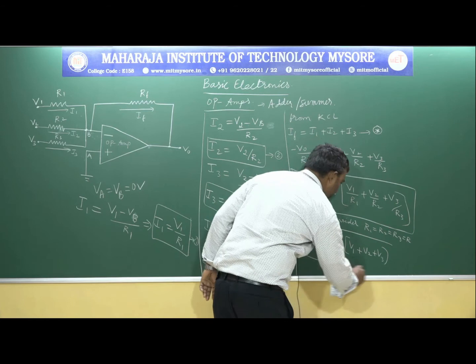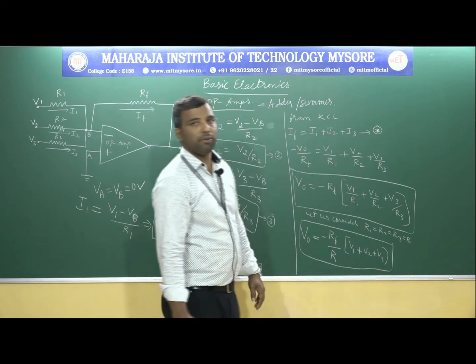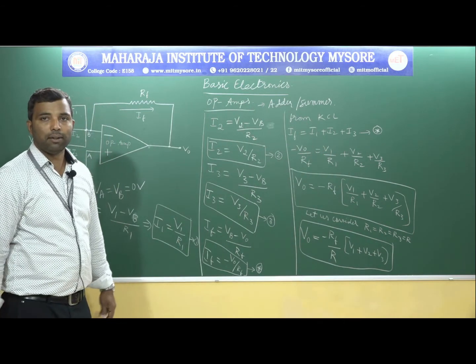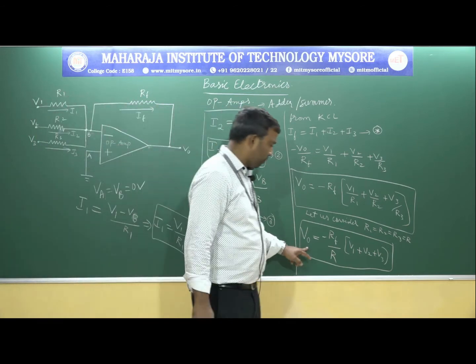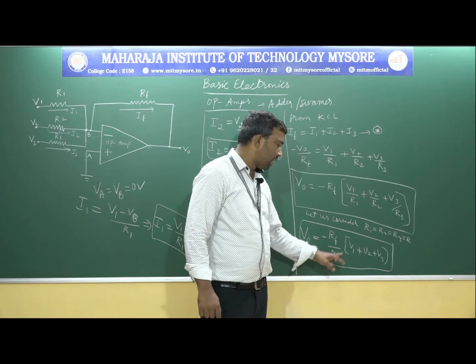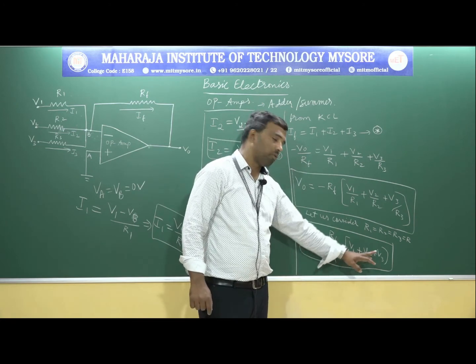This is the expression when all the resistances are the same. Hence, VO equals minus RF by R into V1 plus V2 plus V3.